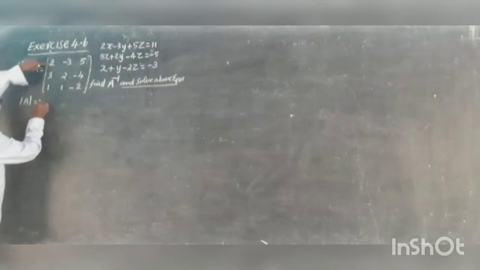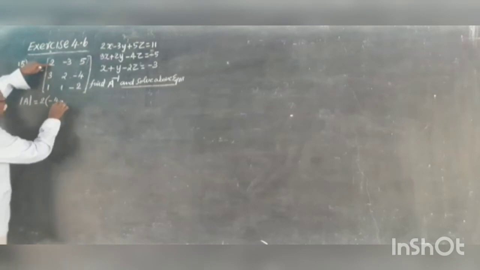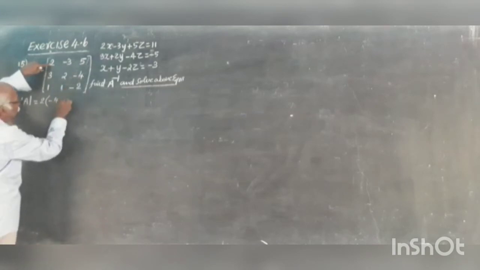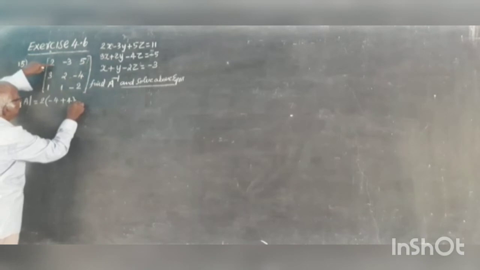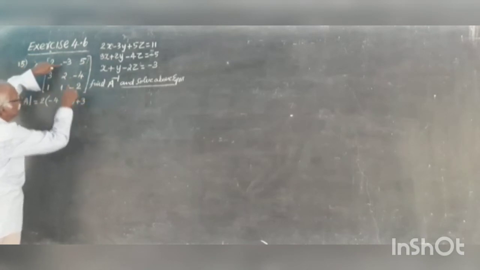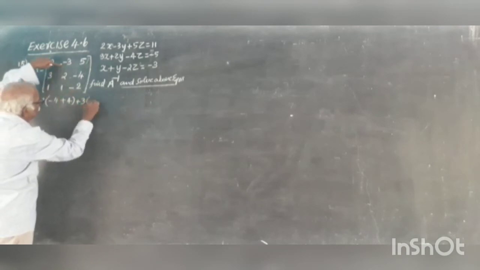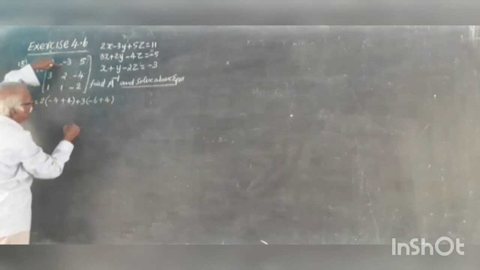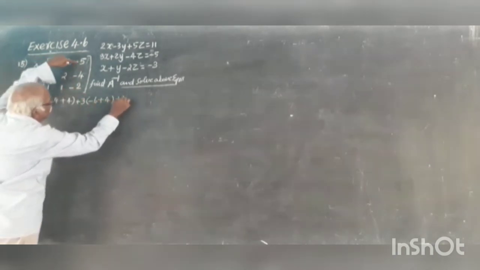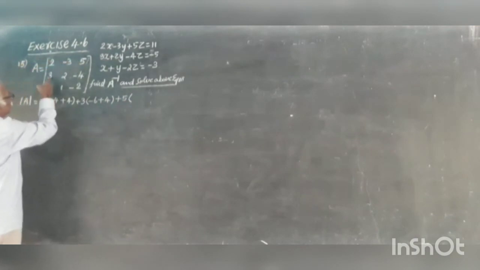First to find determinant A. Determinant A is equal to 2 into minus 4, minus of minus 4 plus 4, plus 3 into 2, minus 6 plus 4, then plus 5 into 3 minus 2.